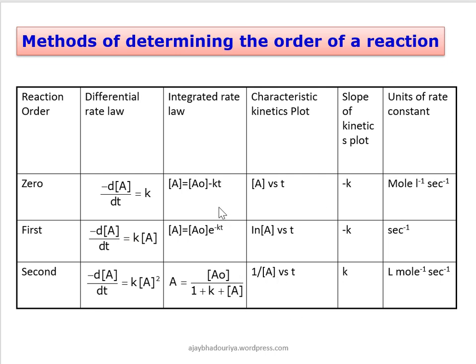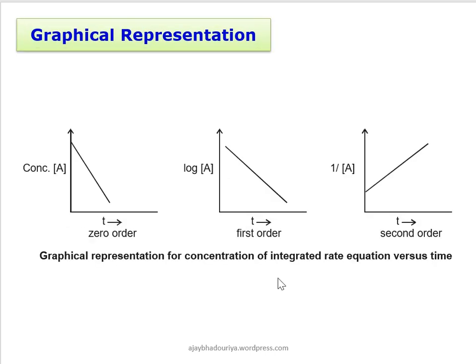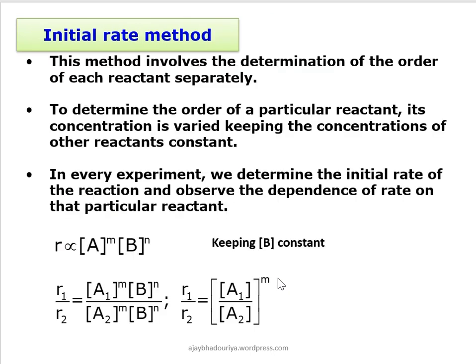This is the integrated rate equation by which we plot graphs of A versus t, ln A versus t, 1 by A versus t. This is the graphical representation of the integrated rate equation, concentration versus time.